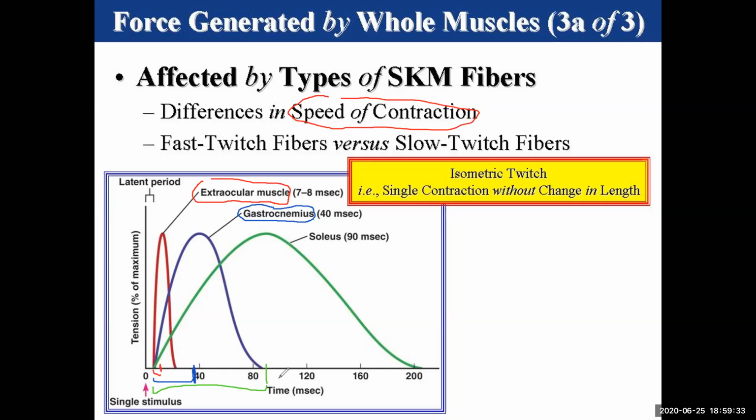So much slower. It takes much more time to get to the maximal tension. So the type of fiber the muscle contains dictates how quickly, as an organ, the whole muscle can generate maximal tension.